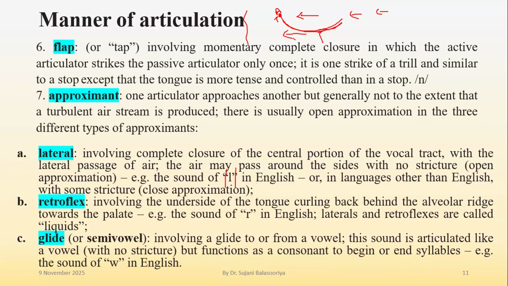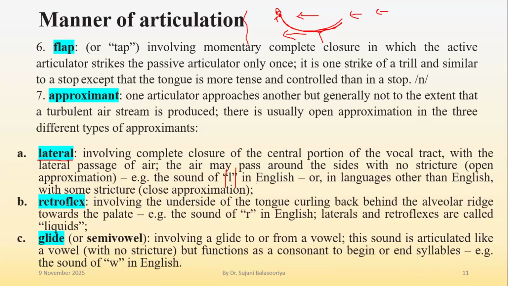The air may pass around the sides with no stricture. So we call this kind of function open approximation, right? If there is a kind of blockage, close approximation can be there in some other languages, but here, talking about the production of L, it involves open approximation, lateral. That's the word you need to remember.